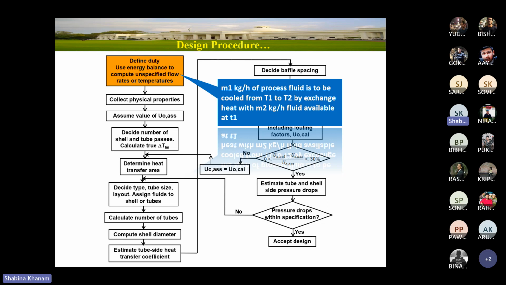It will exchange heat with another fluid available at M2 kg per hour and temperature t1. So M2 is the flow rate of the second fluid, and t1 is its temperature. Otherwise you may be given the inlet and outlet temperatures of the second fluid, t1 and t2, and M2 you need to find out. In that way you can consider the parameters, but only five parameters will be given to you.